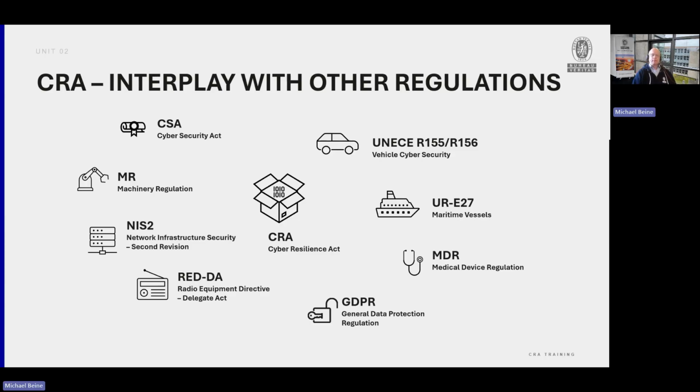In this case, they can rely on the Cyber Resilience Act: if something is compliant with the Cyber Resilience Act and the user documentation is in place, operators of critical infrastructure can make sure that they only use properly CE marked and assessed devices in their critical infrastructure.